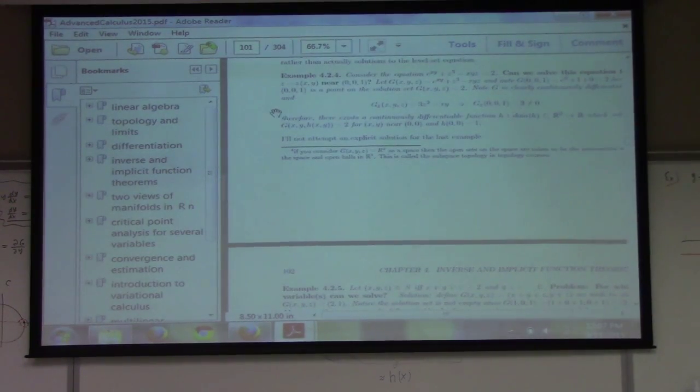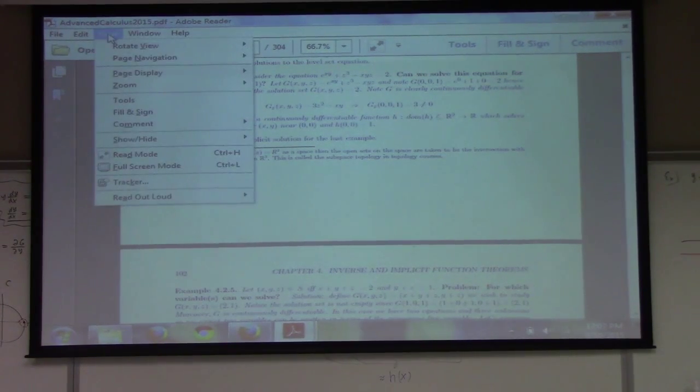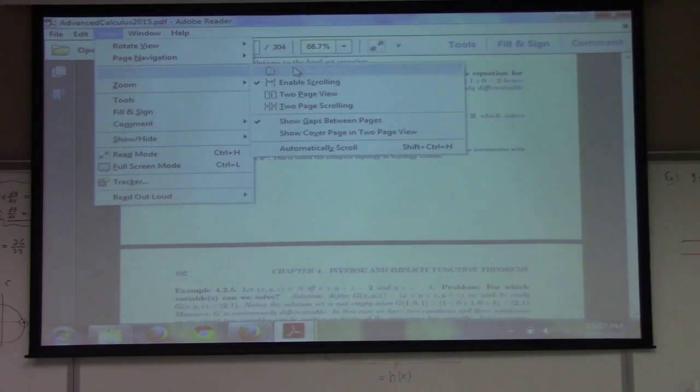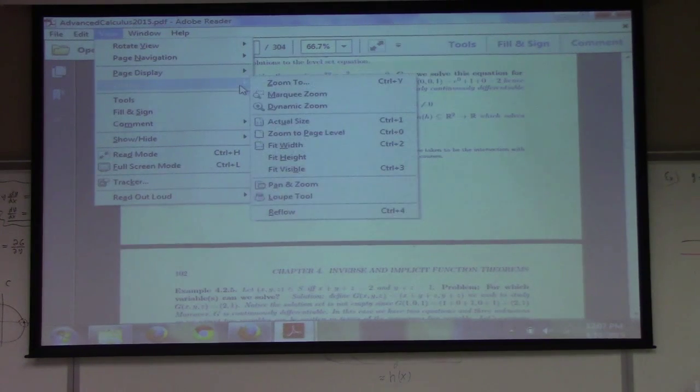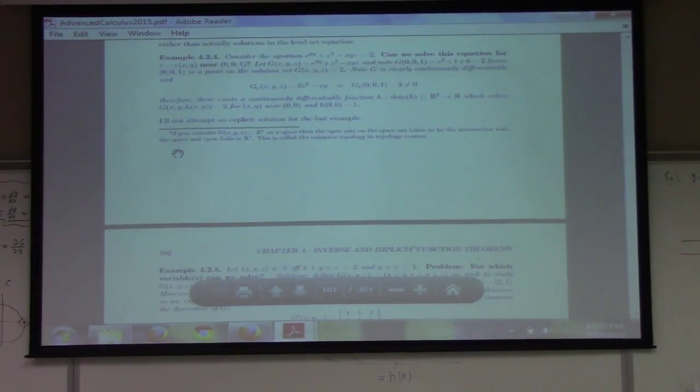I need to reduce my margins or something. Can I still scroll if I'm in read mode? Oh, apparently. Okay, good.